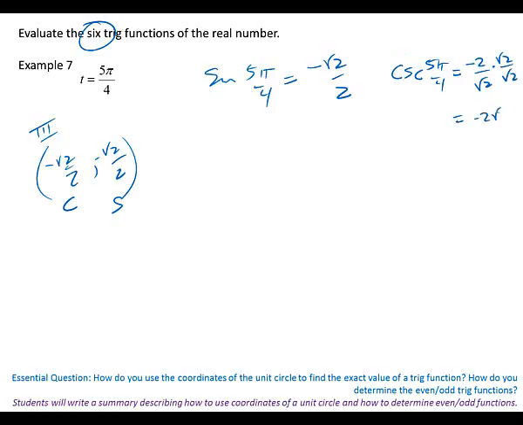So negative 2 square root of 2 over what? 2, which is really just what? It's really just square root of 2. So I've got negative square root of 2. All right, the cosine of 5 pi over 4. What's the cosine according to that? According to the coordinates?